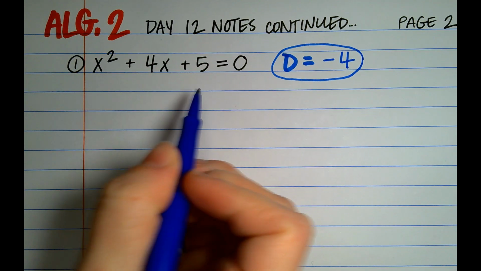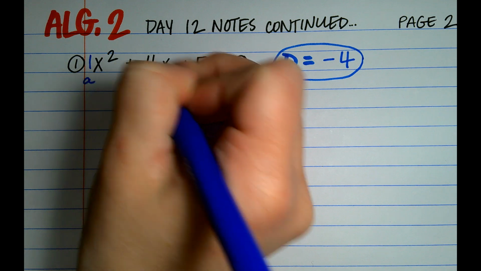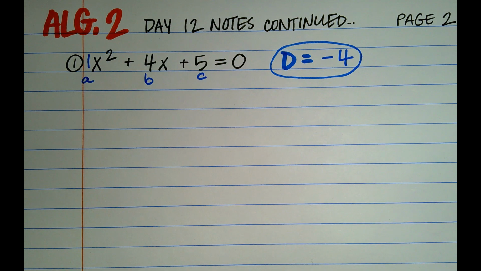So I'm going to look at my a, b, and c again. My a was 1, my b was 4, and my c was 5.